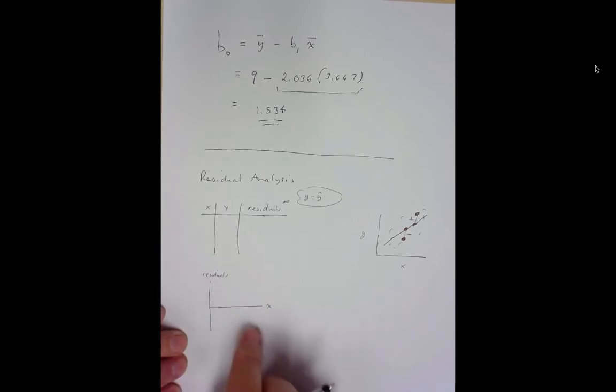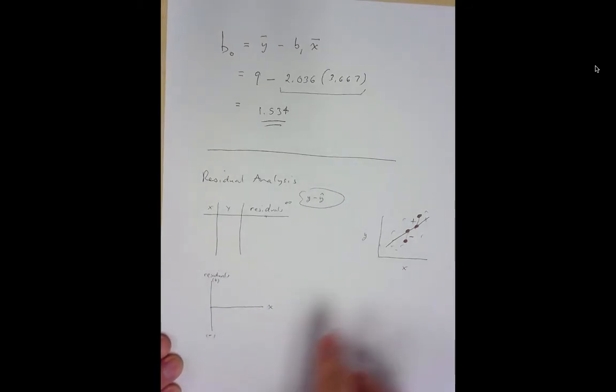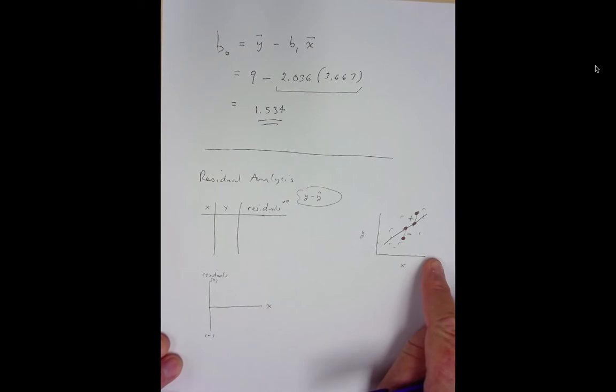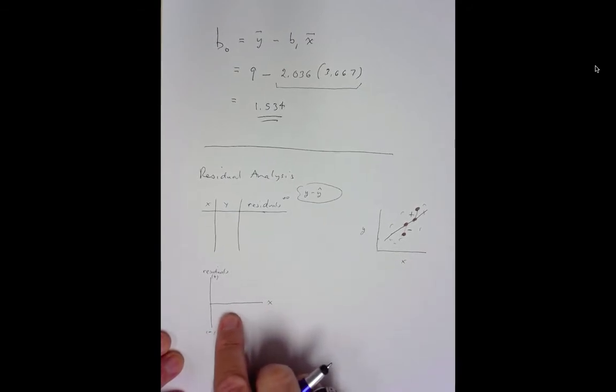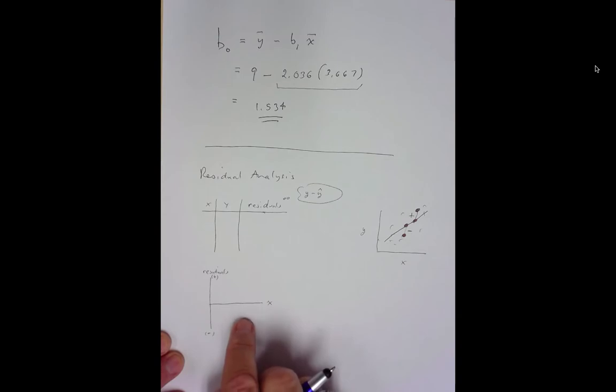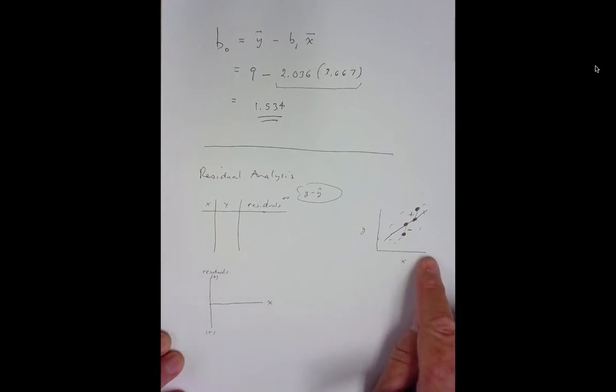Now, that's why we put room for the negative residuals and the positive residuals in our residual plot. Instead of drawing our rectangular coordinate system that's all in the first quadrant, we look at the first and the fourth quadrant, because residuals can be positive and they can be negative, but they're over our x values.